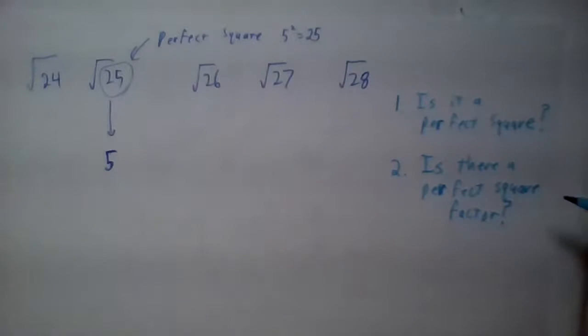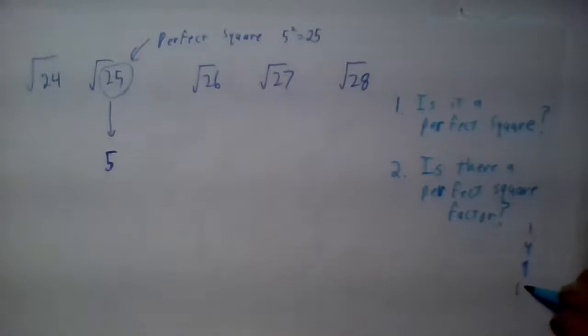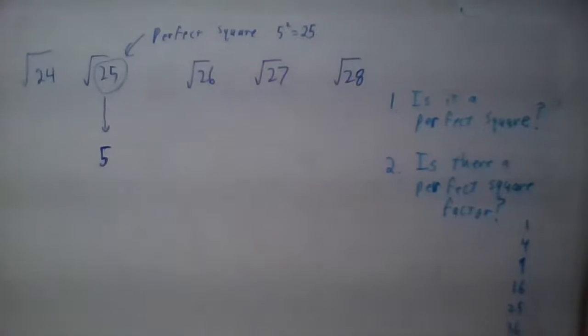Now, perfect squares are things like 1, 4, 9, 4 squared is 16, 5 squared is 25, things like this. I could keep going, but we don't have anything that big. Those are perfect square numbers.